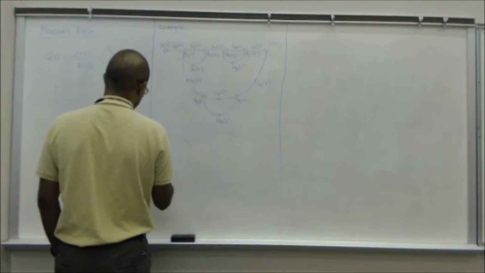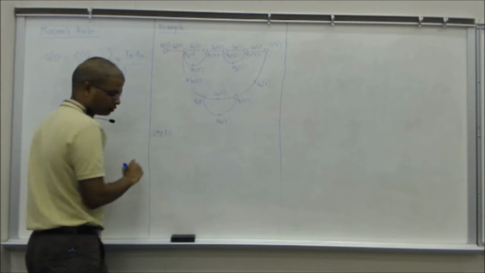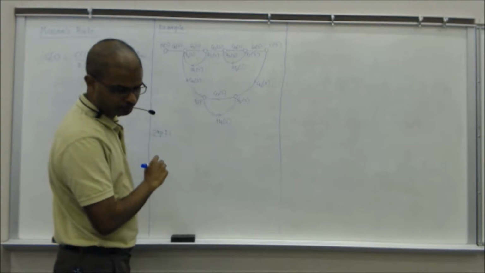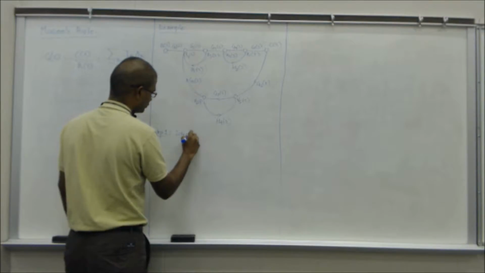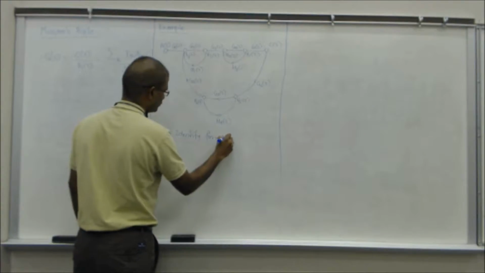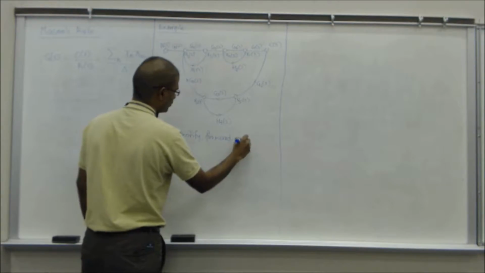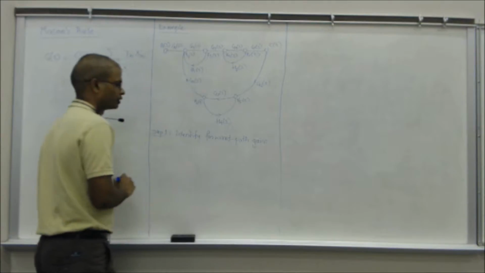So the first, step 1, is to identify forward path gains. Okay?